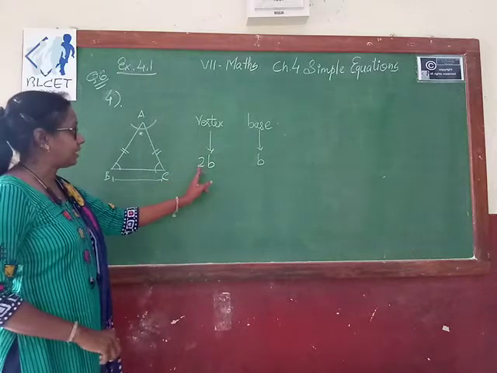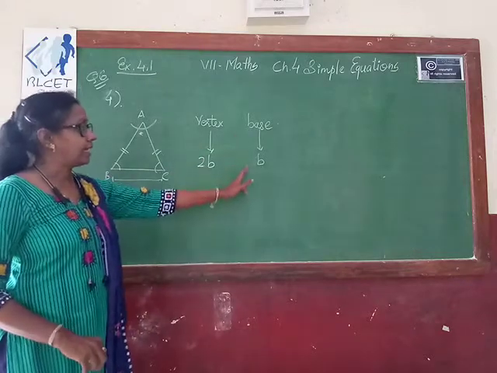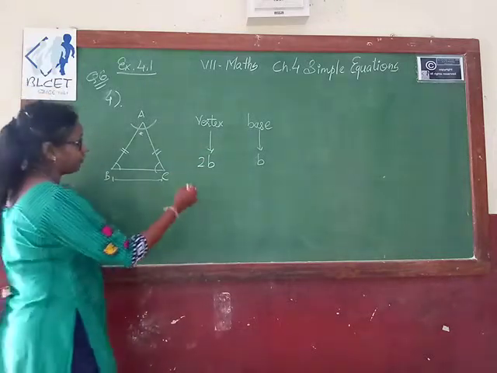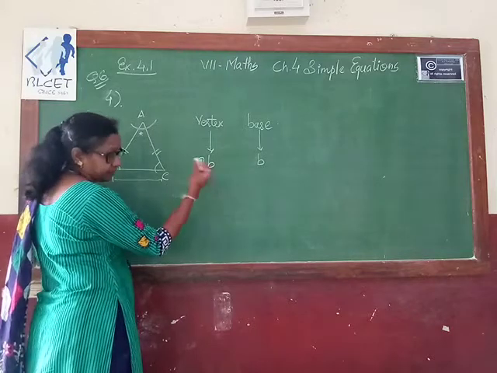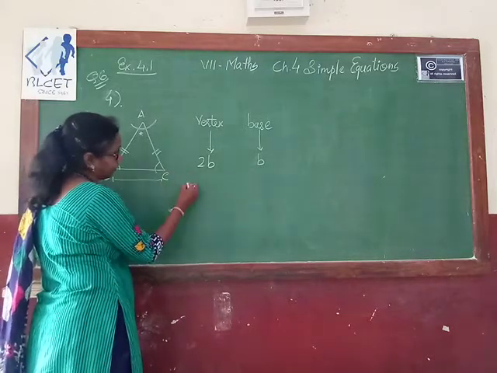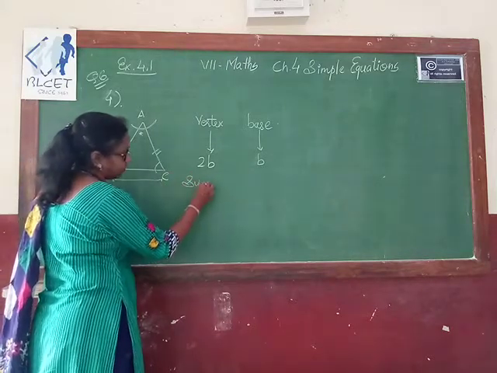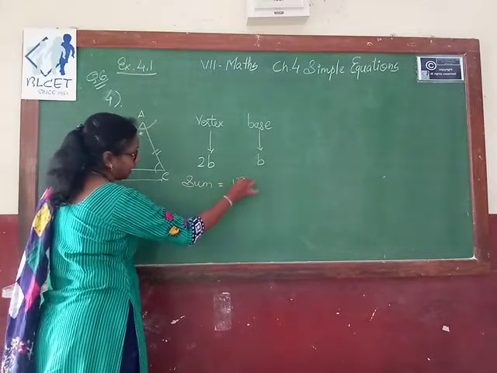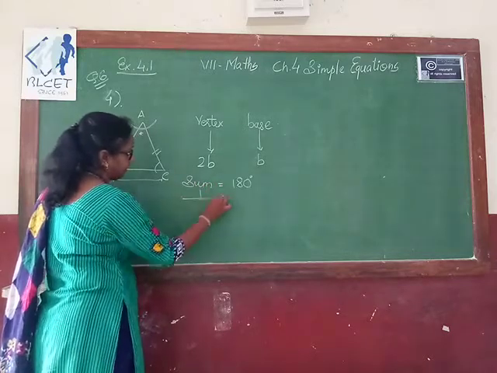So for the vertex angle we have 2B, and the base angle is B. And the sum of all the angles of a triangle is equal to 180 degrees. Okay.